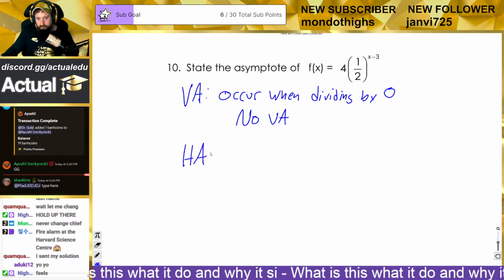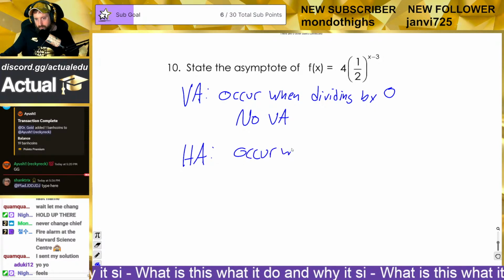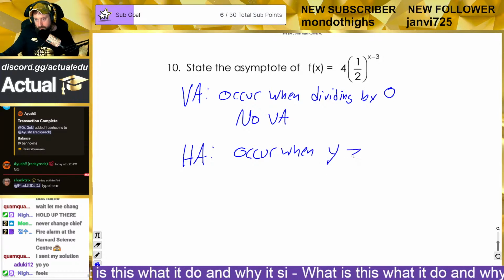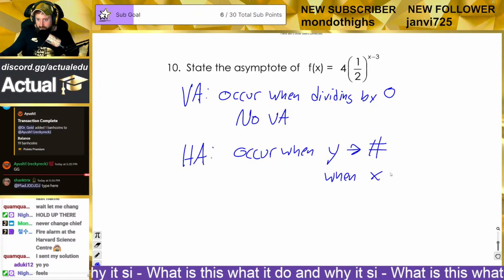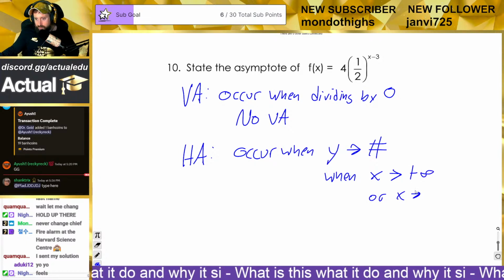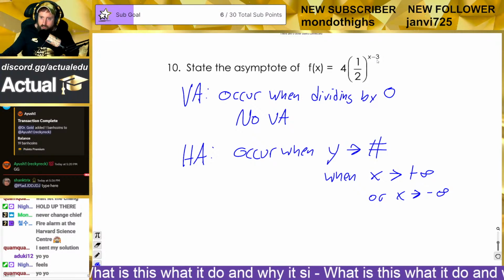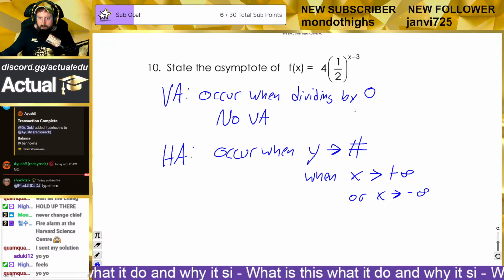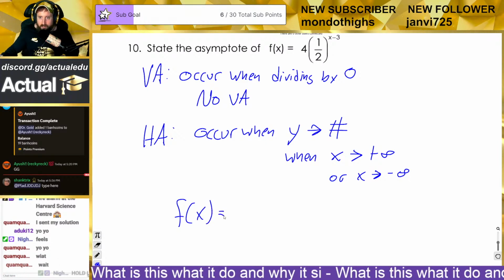Horizontal asymptotes occur when y goes to a number when x goes to positive infinity or negative infinity. So all you really have to do is plug that in. So let's try that out, Adarsh. So we have f of x is equal to.